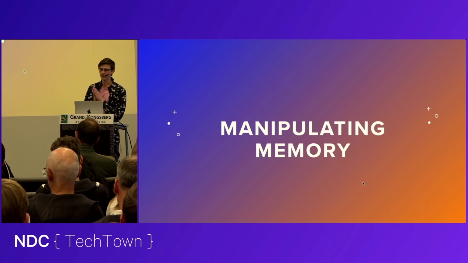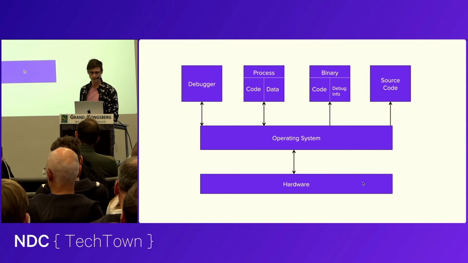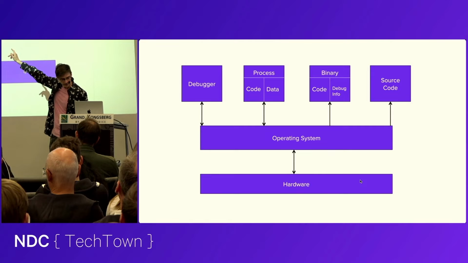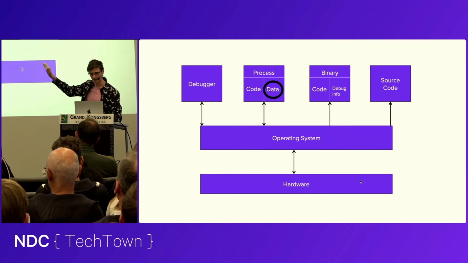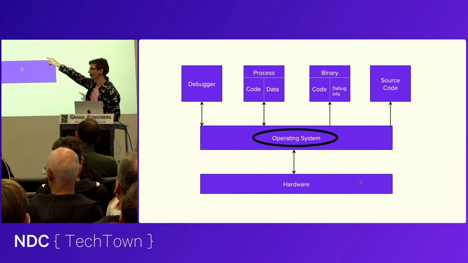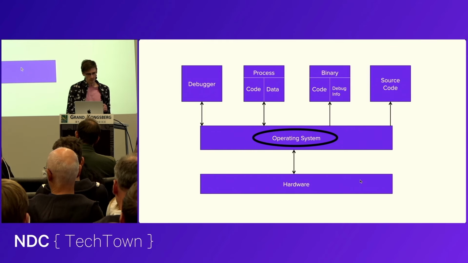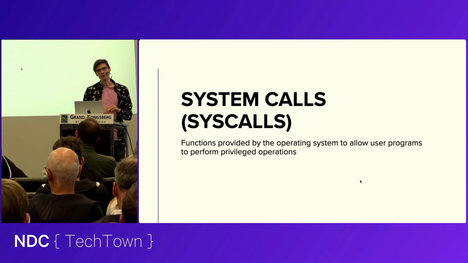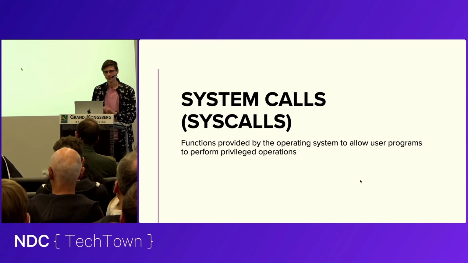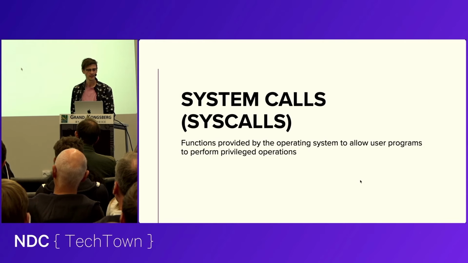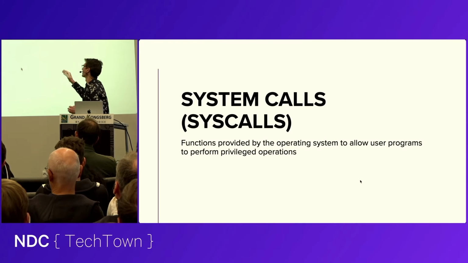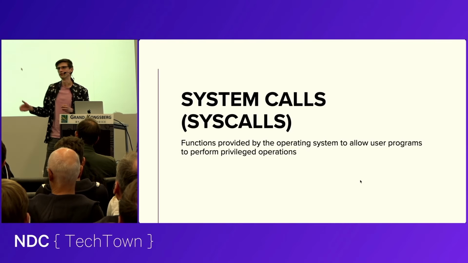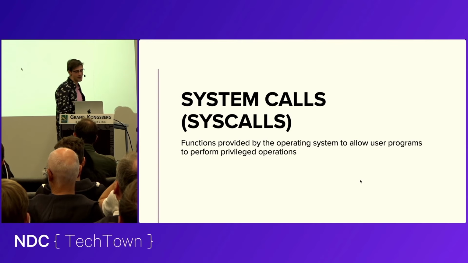So, manipulating memory. Here, we care about the data the process operates on, and we are helped out by the operating system. This is through system calls. A system call, or syscall, is a function provided by the operating system to allow user programs to perform privileged operations.